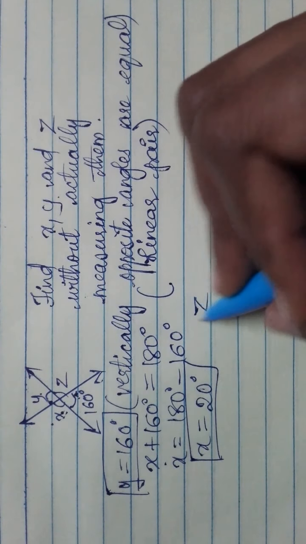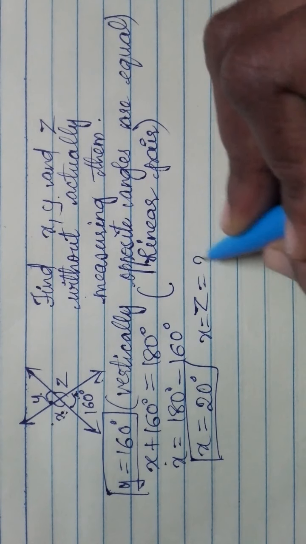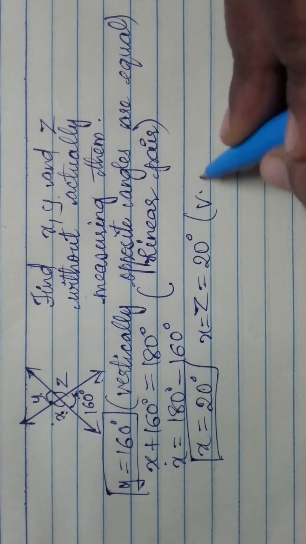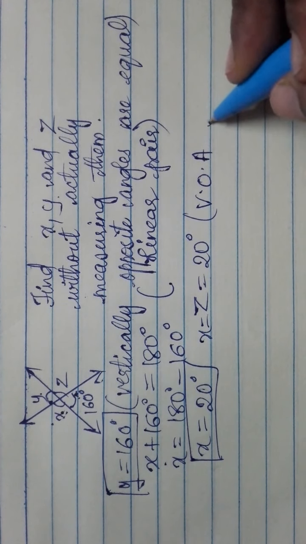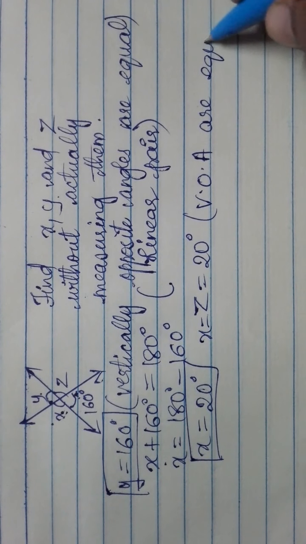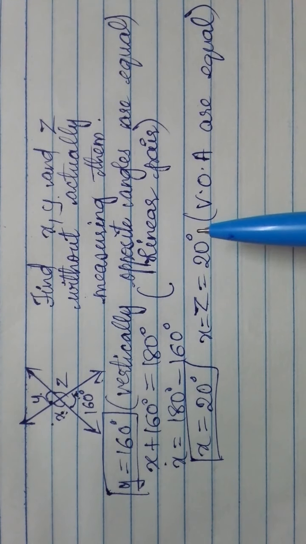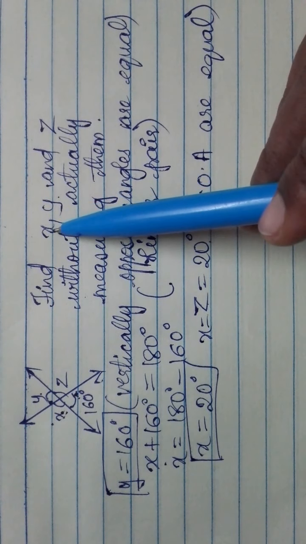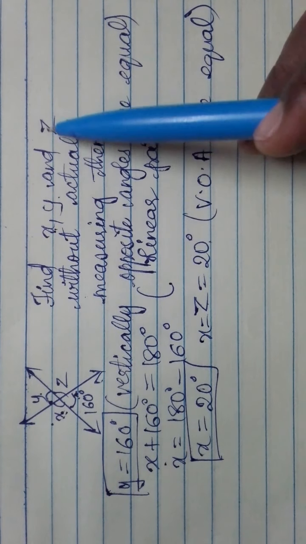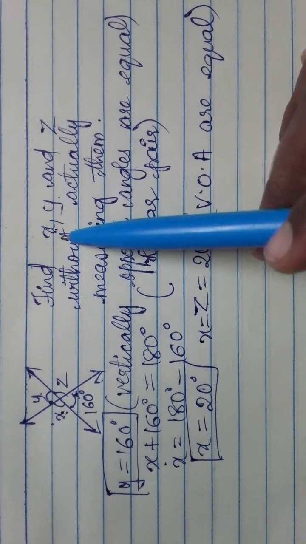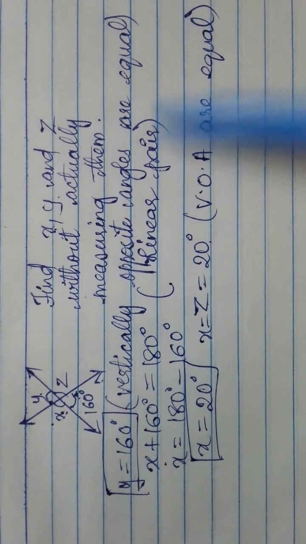And you know that x and z are equal to each other because vertically opposite angles are equal. You know that angle z is equal to 20 degrees. They asked you to find x value, you found. Z value you found. Y value 160 degrees.